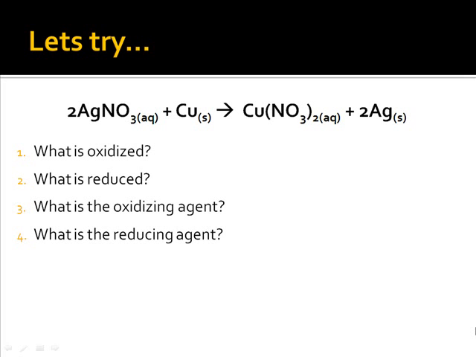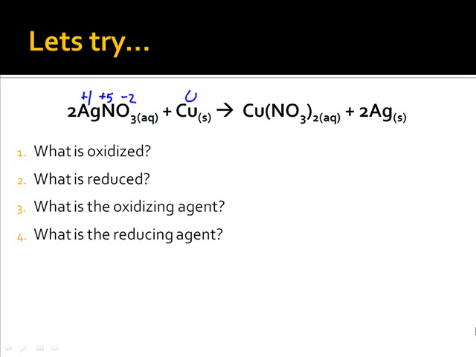Silver nitrate. Silver nitrate is an ionic compound. Silver is a +1 ion. Over here in nitrate, oxygen is a -2. There are 3 of those, so that's a -6. So we need nitrogen to be a +5 for that to become neutral.